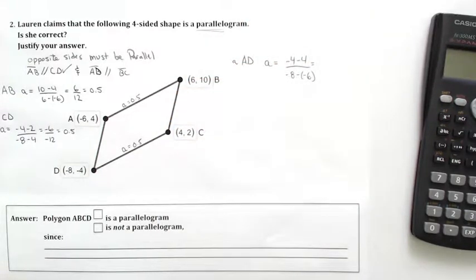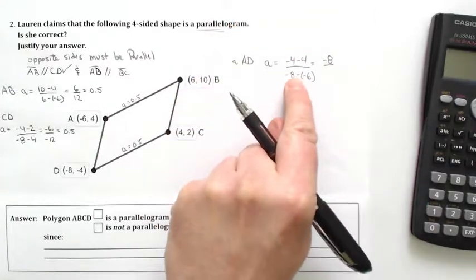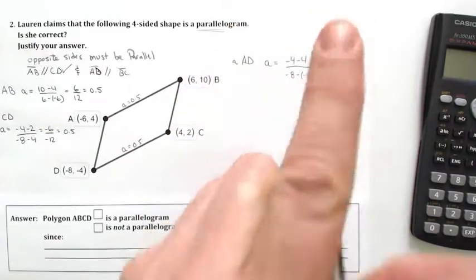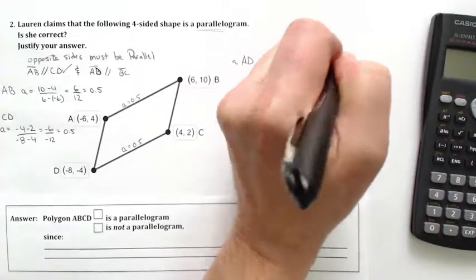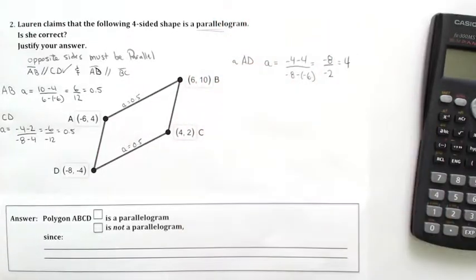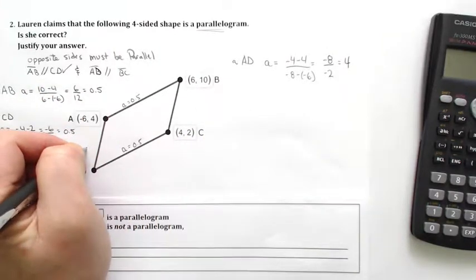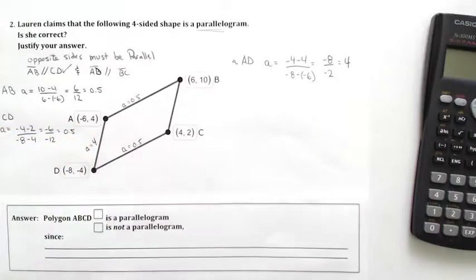Negative 4 minus 4 is negative 8, and negative 8 minus negative 6 is negative 2. Negative 8 over negative 2 is positive 4. So my slope of AD is A is equal to 4.